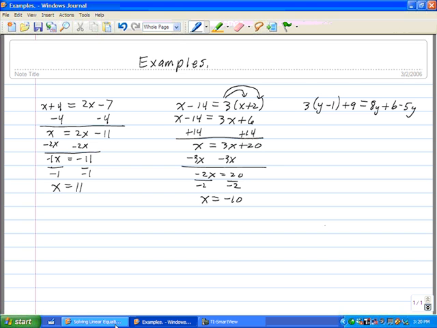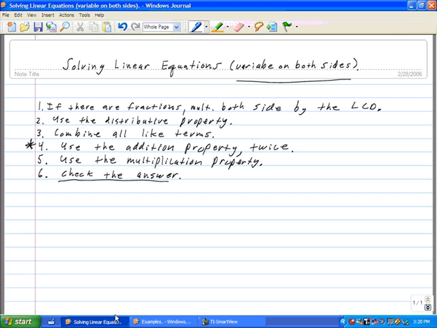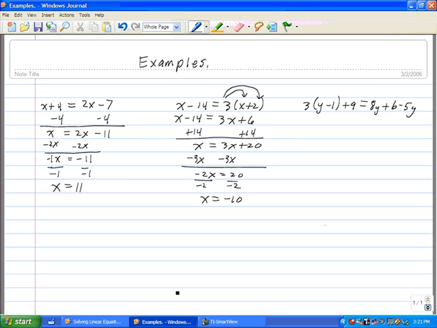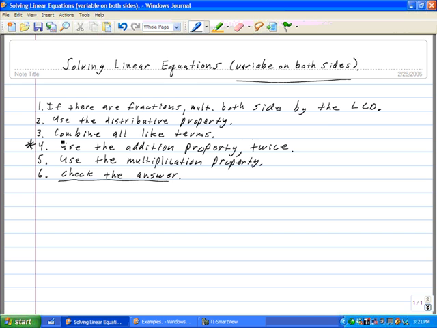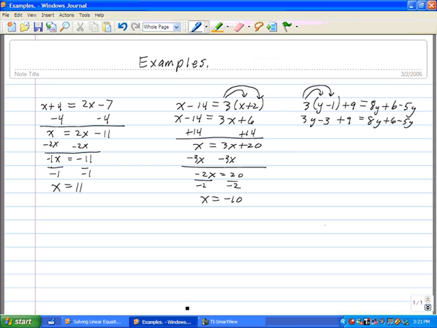Again, as far as the order in which things should be done, there are no fractions, and right here we need to use the distributive property. So I will distribute once and then twice, and get 3y minus 3 plus 9, equaling 8y plus 6 minus 5y. At this point we need to combine our like terms.